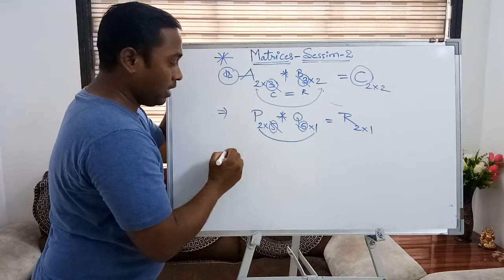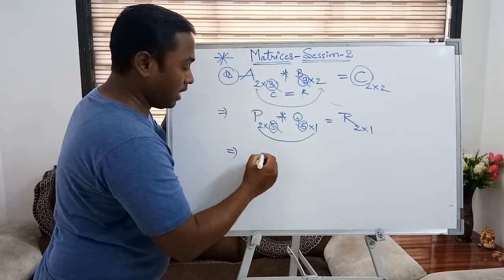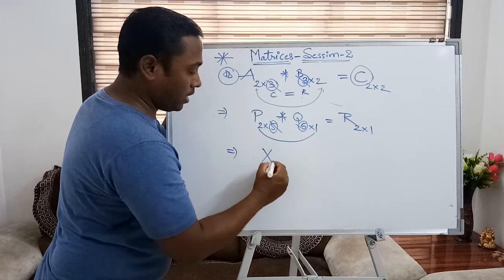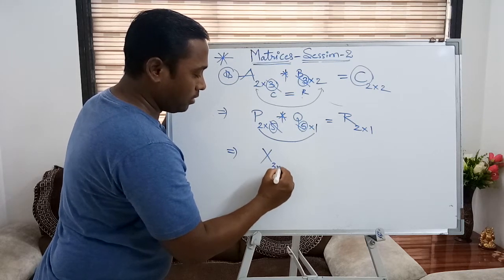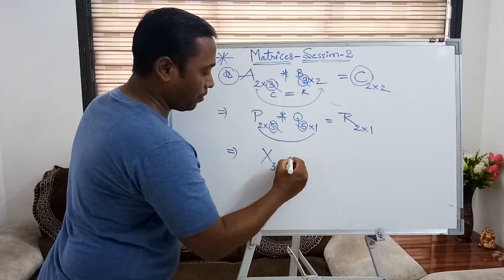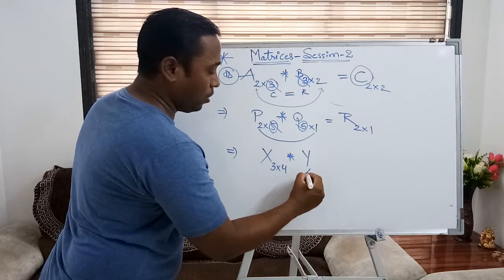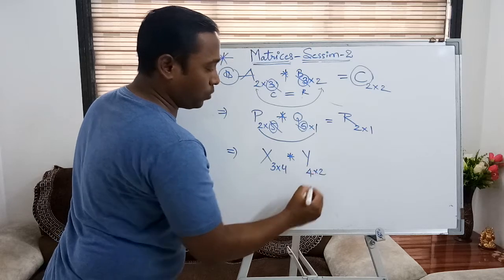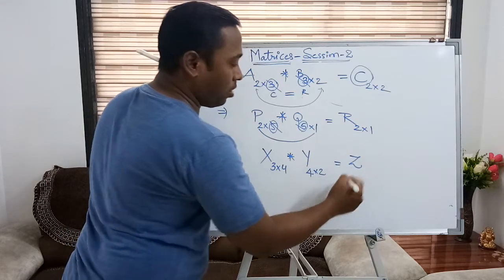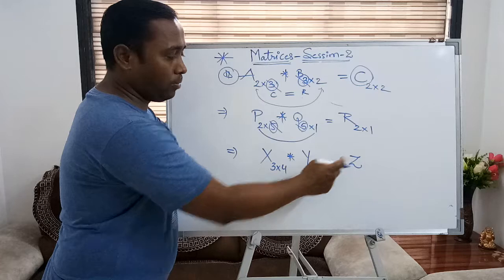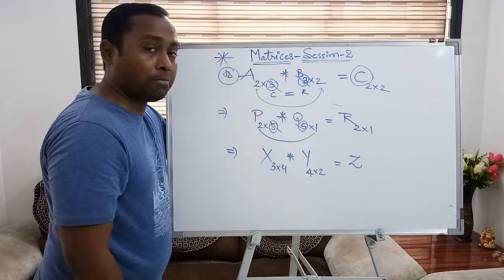Getting my point? In a similar manner, say there is an X matrix whose order is 3 by 4, which is multiplied by another matrix Y whose order is 4 by 2. What is the order of the Z matrix? Means after the product, what is the order of the resultant matrix?